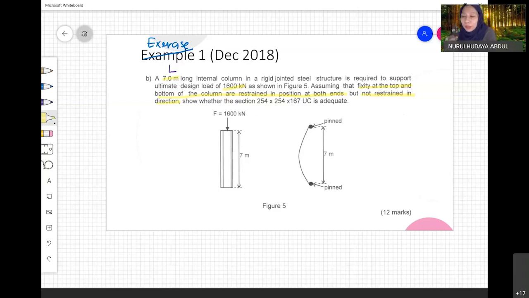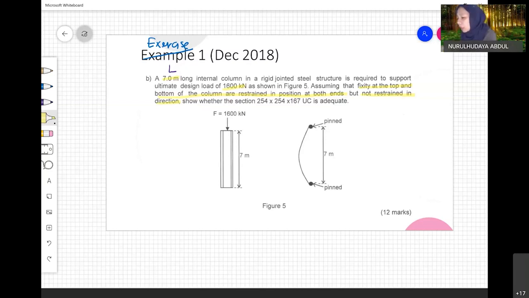So when the question is like that, it means there is a possibility you have to calculate both braced and unbraced. But this kind of question has position and also direction, which means you pick one depending on its fixity. Not pick, but we look at the fixity and refer to the table for which one complies with this kind of condition.